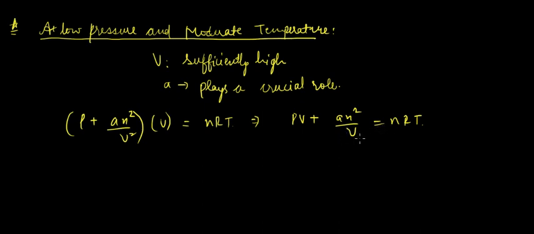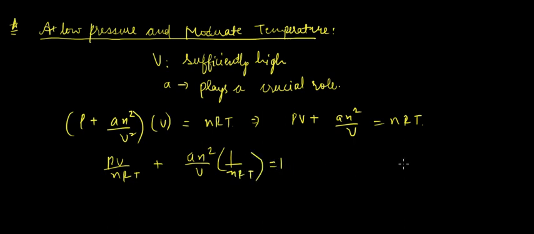So from here we can write PV upon nRT plus an upon an square upon V multiplied with 1 upon RT would be equals to 1. And from here we know that PV upon nRT would be compressibility factor. So Z equals to 1 minus an upon VRT.